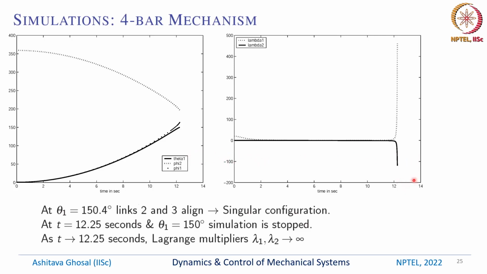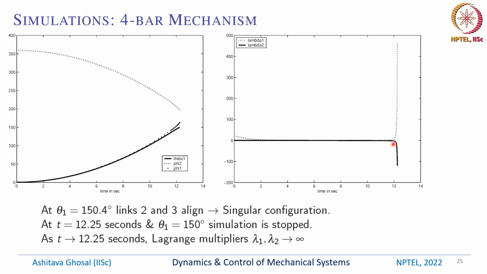And what you can see is after about 12 point something seconds, these lambda 1 and lambda 2 go off to infinity. Okay. So what does it mean? That we do not have two Lagrange multipliers after some time.